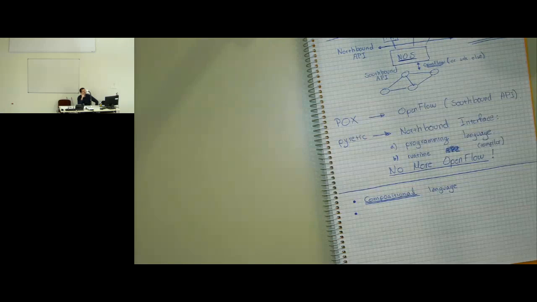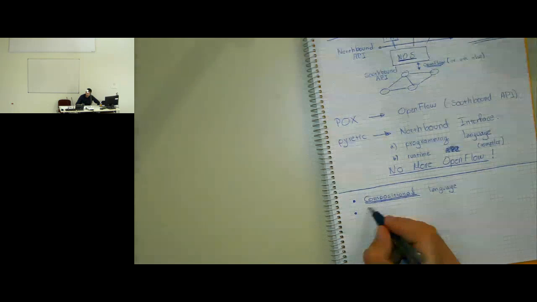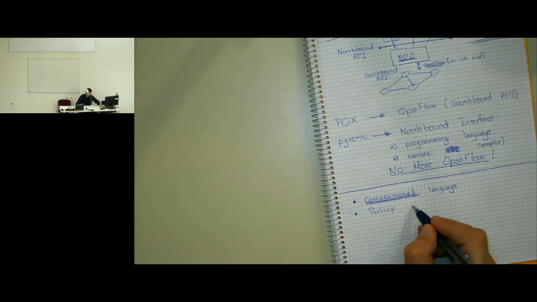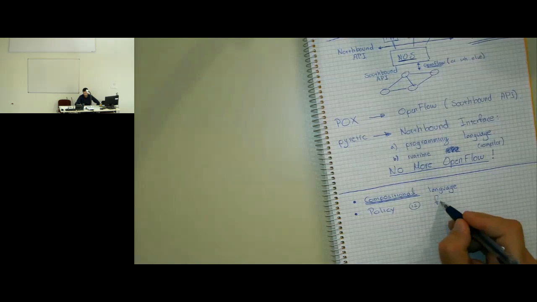And another key feature in the philosophy of Pyretic that we will try to understand today through various examples is that it encodes policies that dictate the operation of a network as functions. A policy is a function.